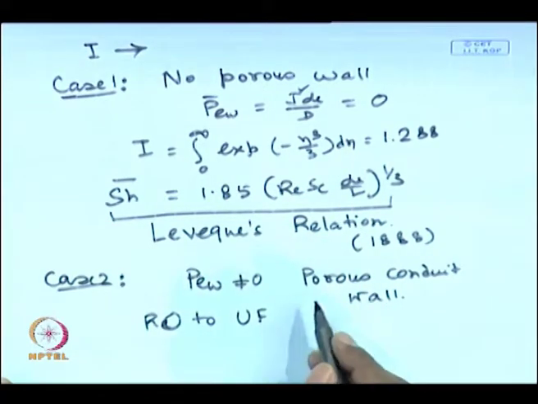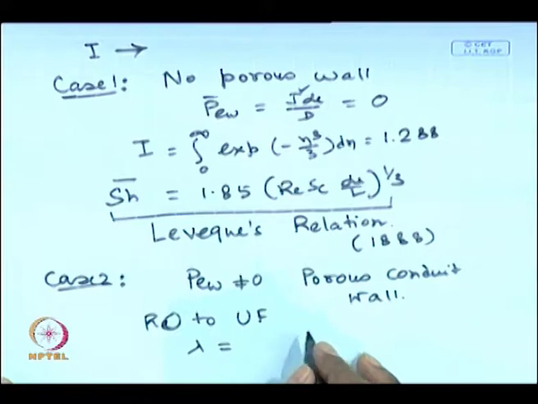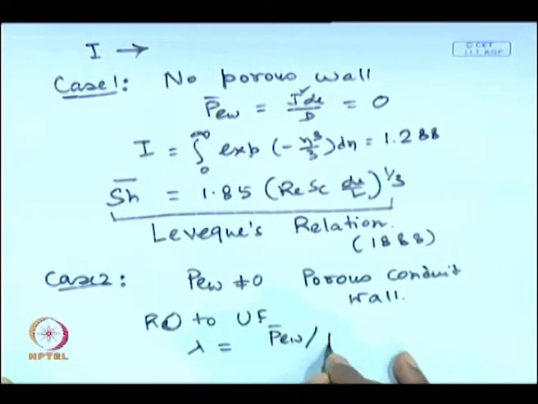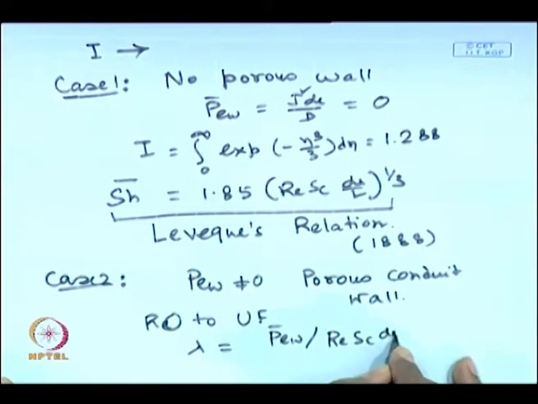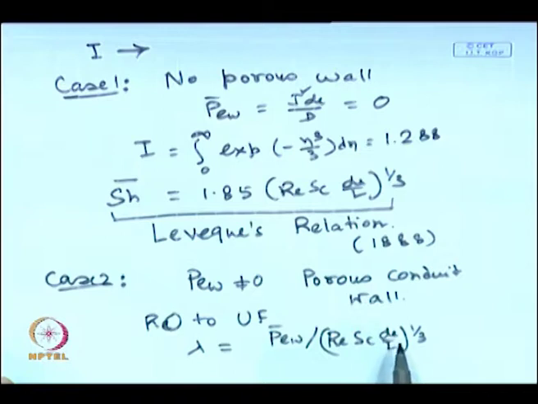We have defined a quantity lambda, the suction parameter, yesterday, if you remember. That is nothing but Pw divided by (Reynolds Schmidt d by L) raised to the power 1 upon 3. For a typical case, Reynolds Schmidt d by L will be in the order of 10 to the power 3 to 10 to the power 5 under laminar flow conditions.